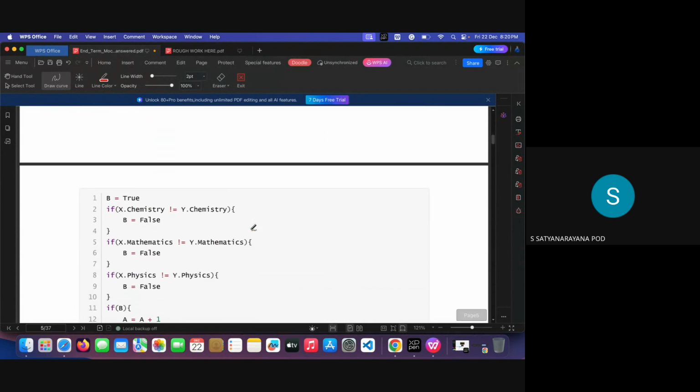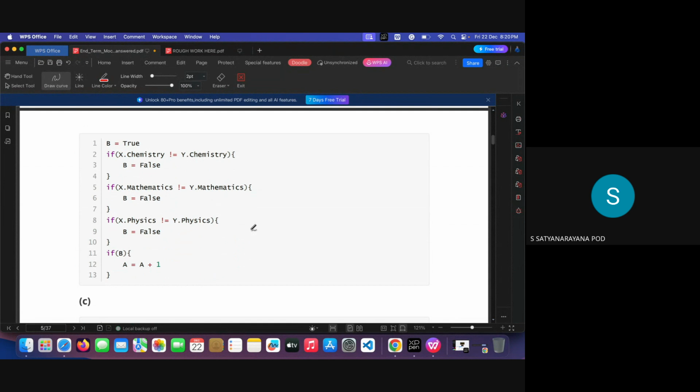Now let us go for the B. This is fine. They did something reverse on this one. So what they did is, initially true. Whenever the first subject is not equal, B will become false. For example, if the first subject is equal to true, then this B remains true only.